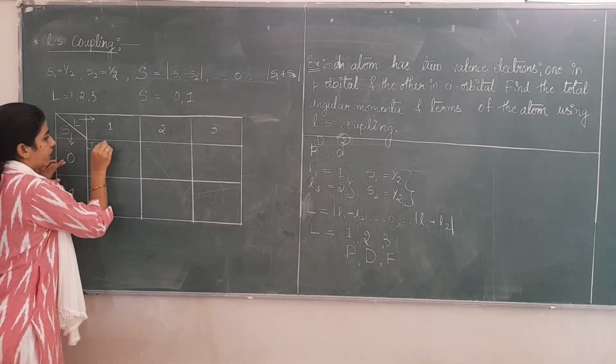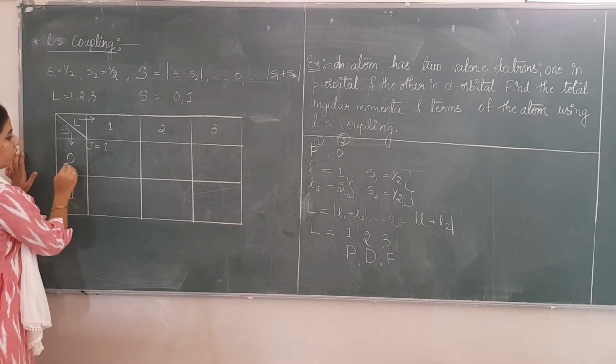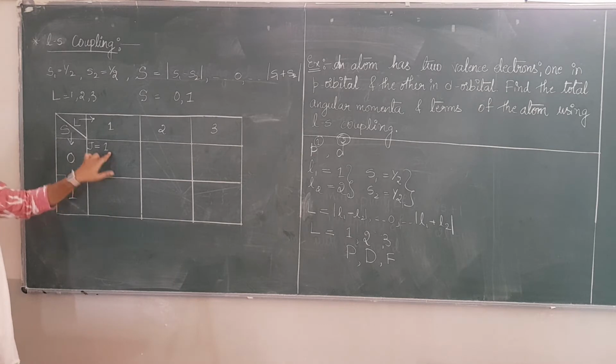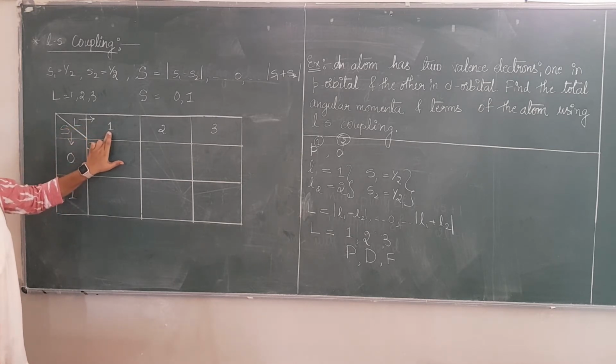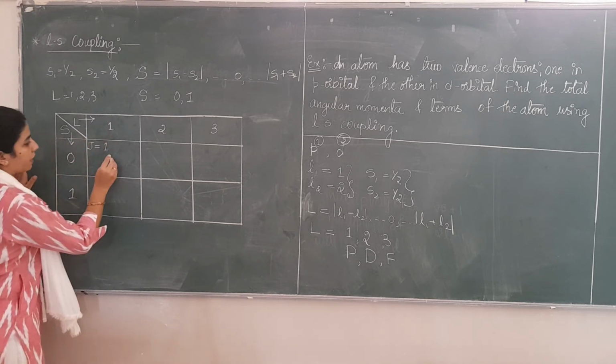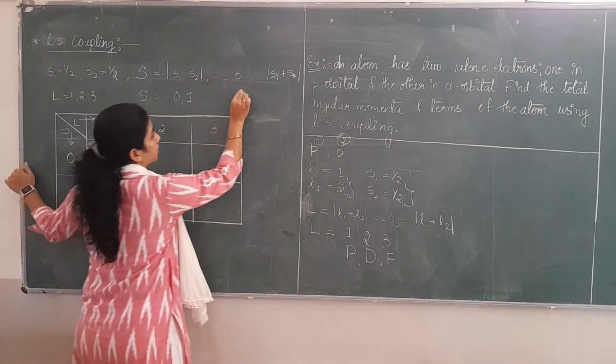So the value of J is only 1. I am concerned about these values for this box. J is 1, and L is 1. If L is 0, it is S. If L is 1, it is capital P. You should remember this.